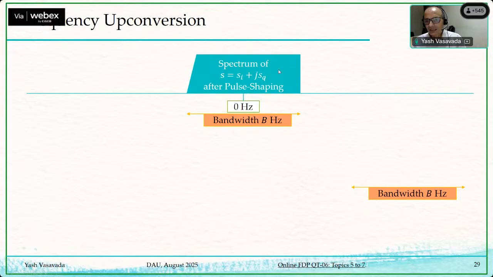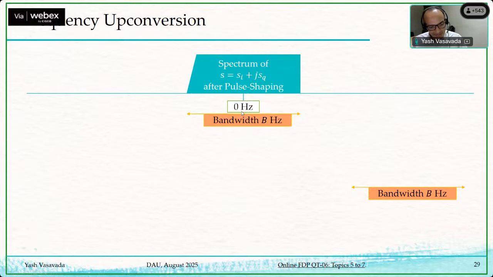That the actual information, once you convert bits into modulated symbols after some operation which is known as pulse shaping, which we won't get into in this series of lectures, you take its Fourier transform, as I was saying, it will be roughly centered at 0 hertz, and it will have some bandwidth of capital B hertz.